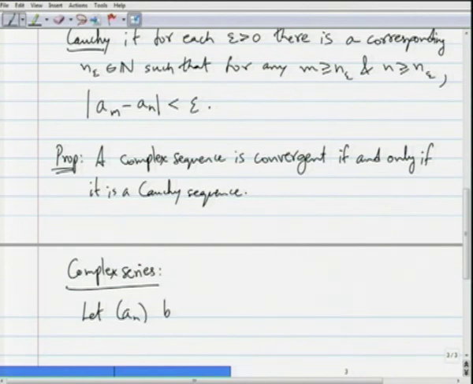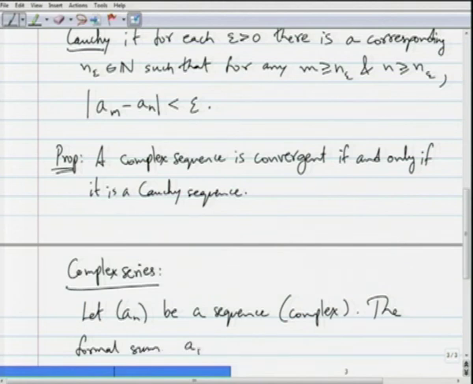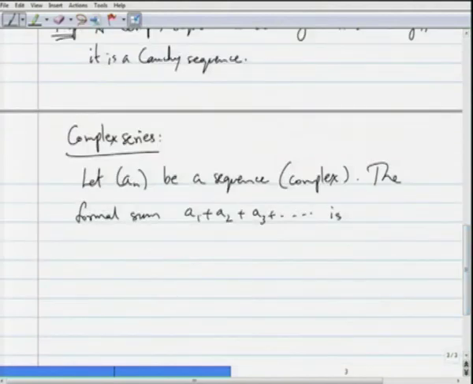Let a n be a complex sequence, and the formal sum a 1 plus a 2 plus a 3 plus so on is called the series sigma a n.